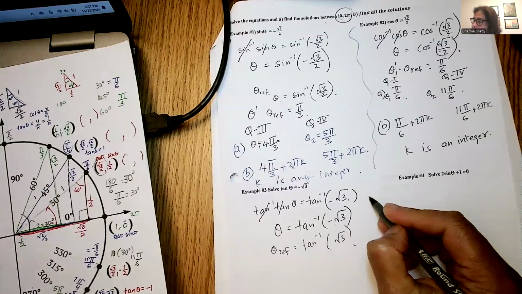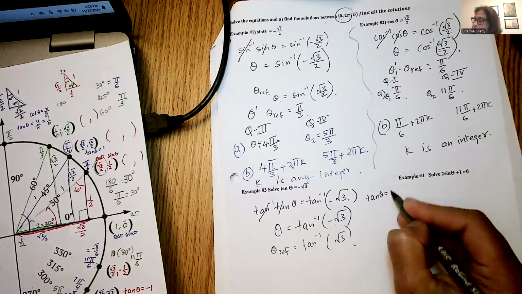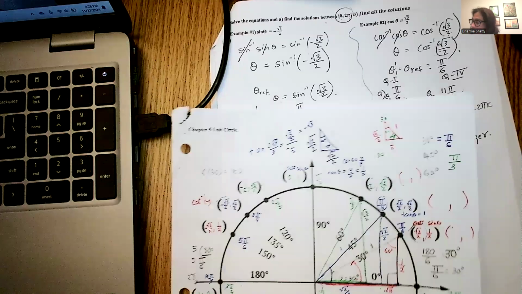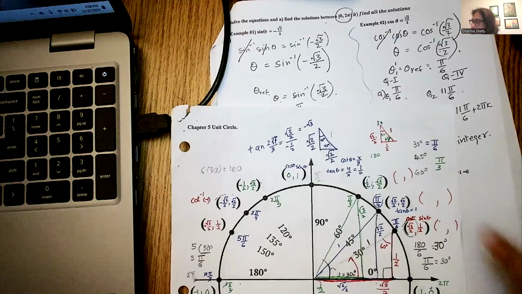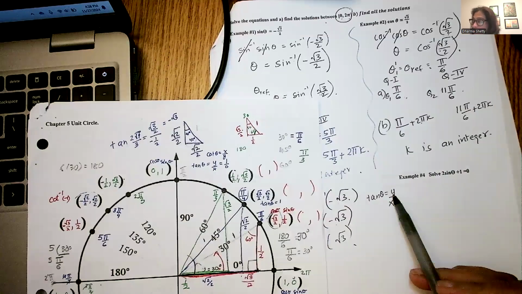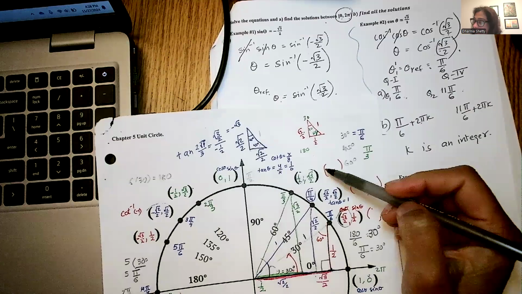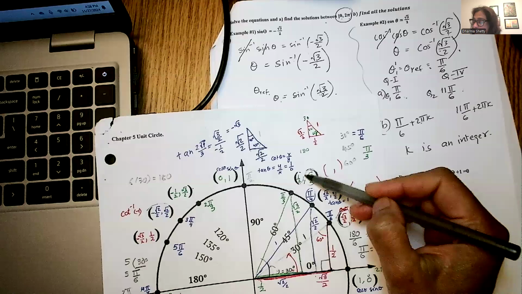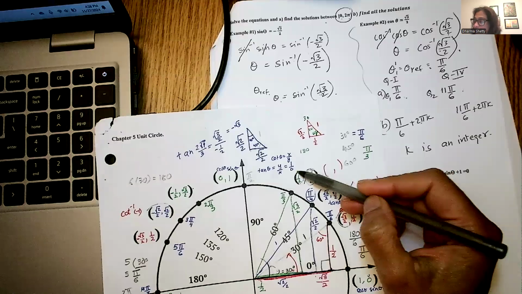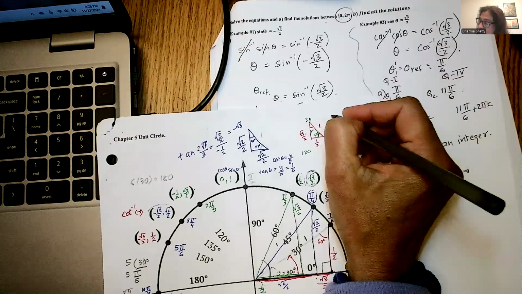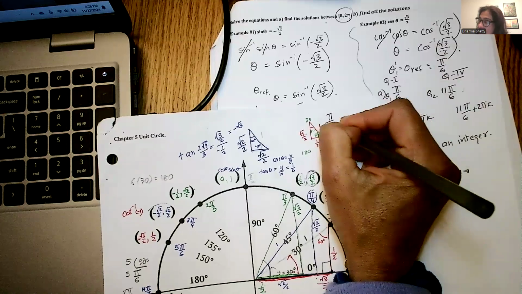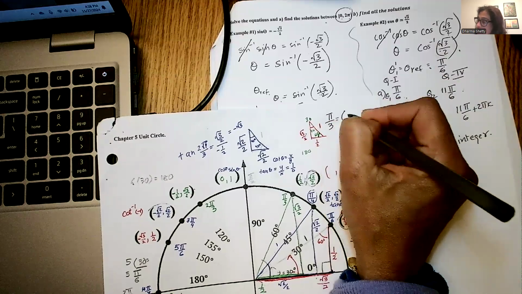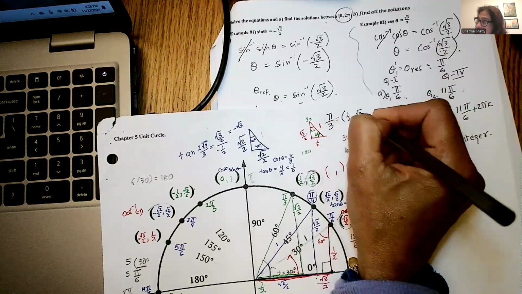Okay. Tangent is y over x. So if I'm looking at this, I want square root of 3 in the numerator. This is the case where y is square root of 3 over 2 and x is 1/2. So at pi third, the x and y values are 1/2 and square root of 3 over 2.